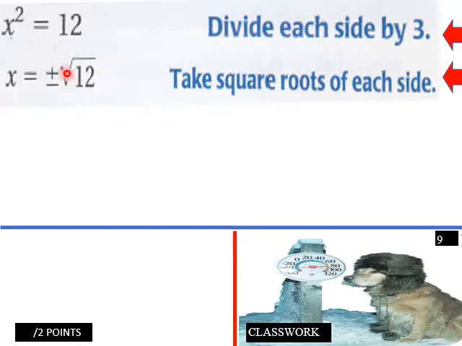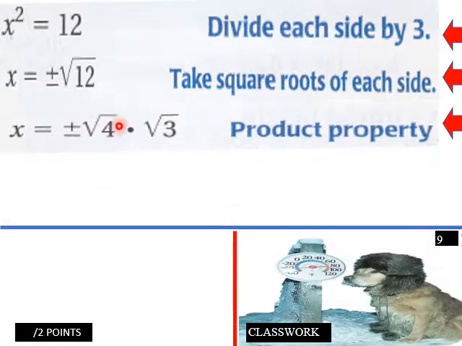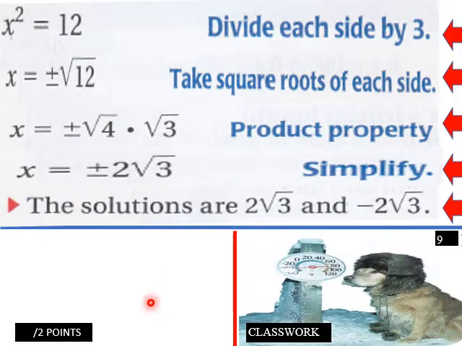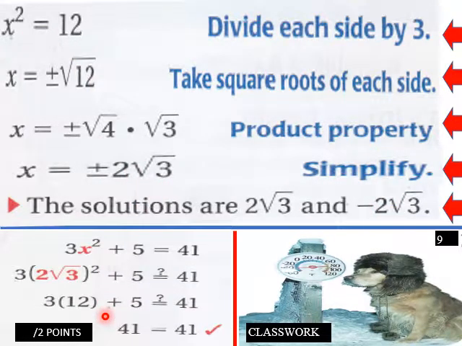We have plus or minus radical 12 equals x. And so we factor our radical 12 to radical 4 times radical 3, the product property of radicals. This is plus or minus 2 times radical 3, and the solutions are 2 radical 3 and negative 2 radical 3 for that quadratic.